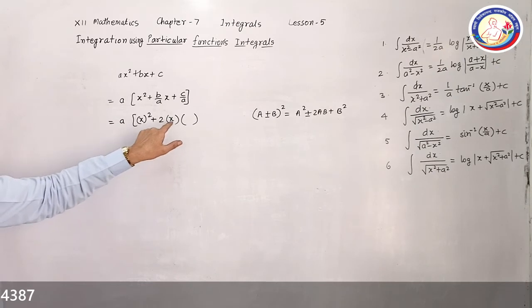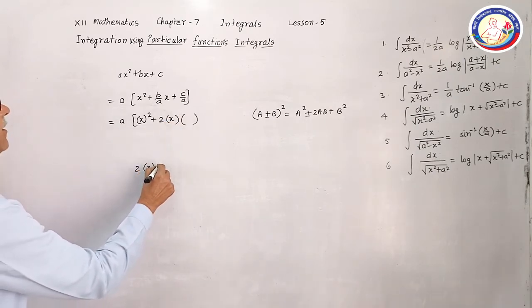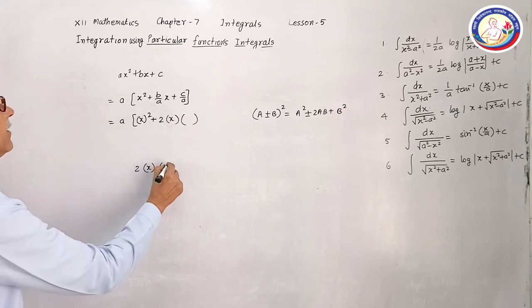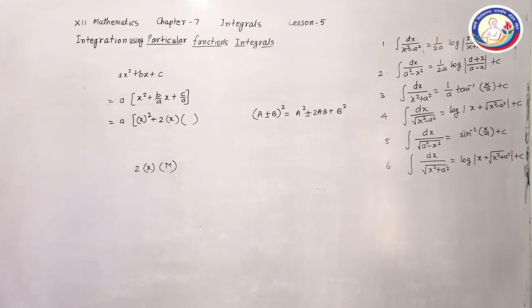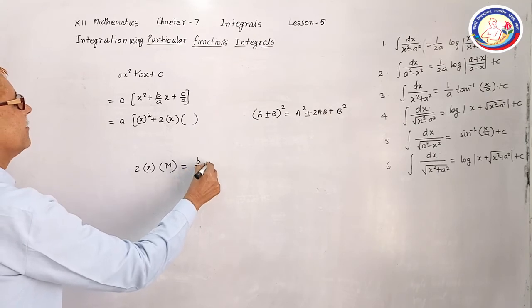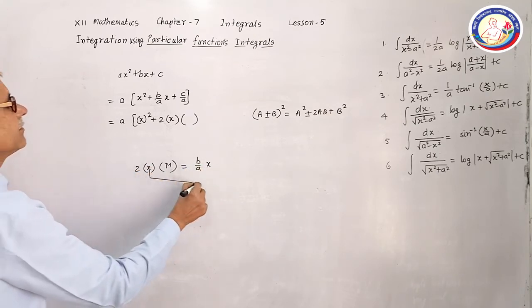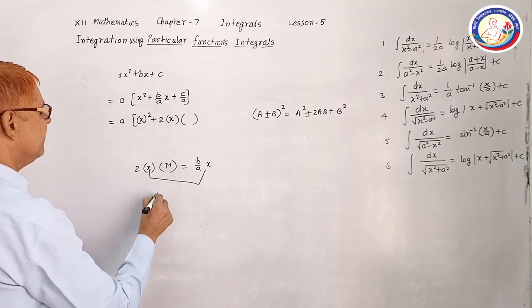To equate this, 2x into something, say 2x into anything, say I am writing it as m, equal to b by ax. X equates x. What will be the value of m here?